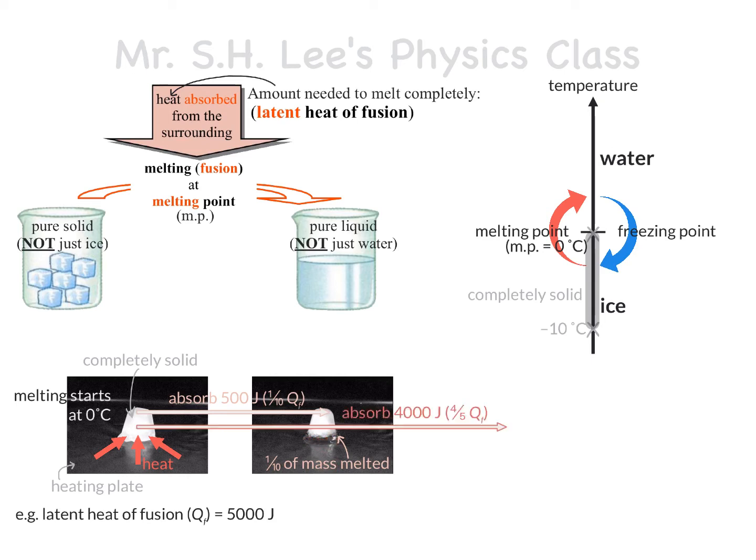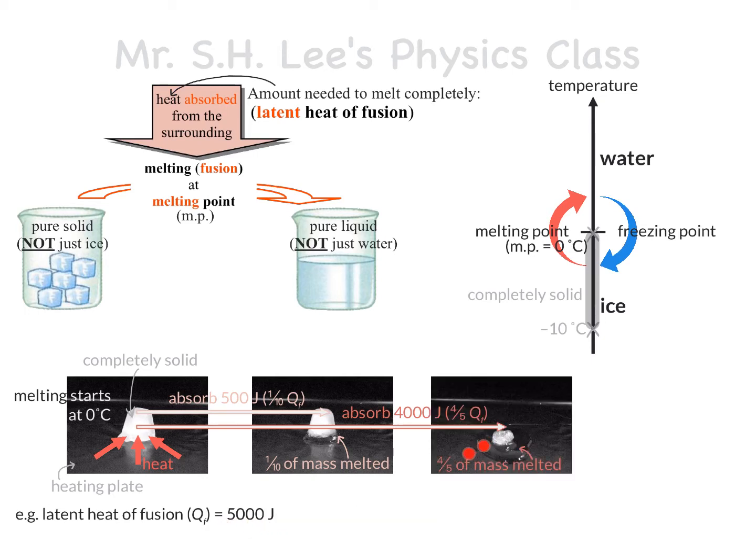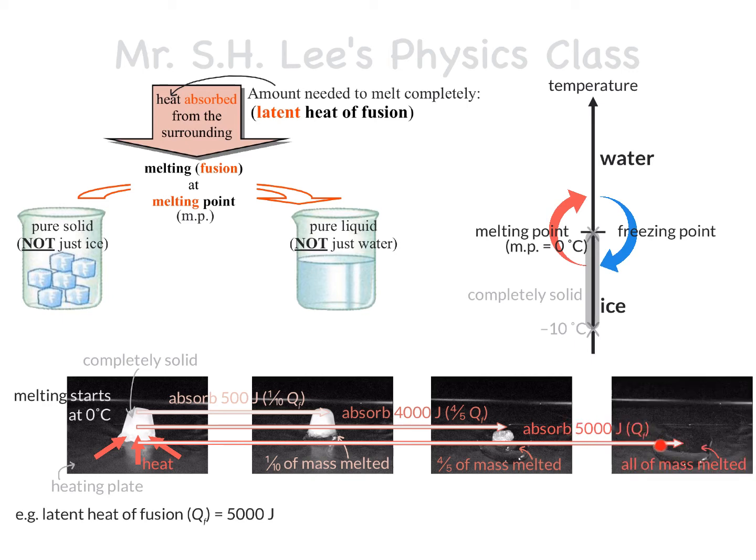When it has absorbed 4,000 joules of heat, that is 4/5 of the latent heat of fusion, then 4/5 of the original mass will have been melted. When it has finally absorbed all the latent heat of fusion it needs, that is 5,000 joules in this example, it melts completely. While I used water and ice as an example just now, the discussion above applies to the melting of all pure substances.